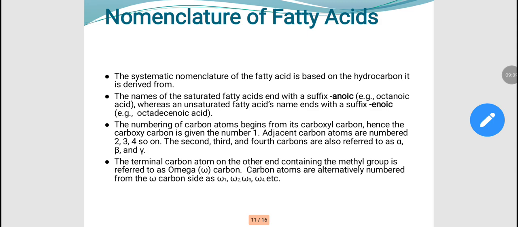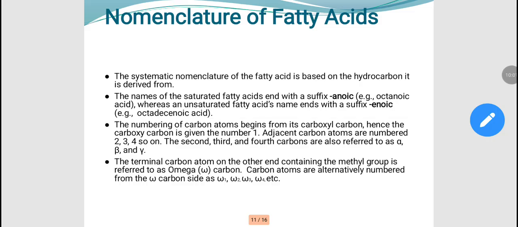Whereas an unsaturated fatty acid's name ends with the suffix enoic, for example, octadecenoic acid. So saturated fatty acids contain the suffix anoic, and unsaturated fatty acids contain the suffix enoic.